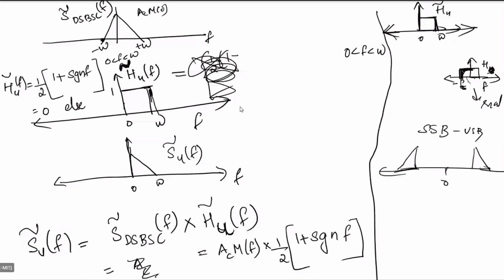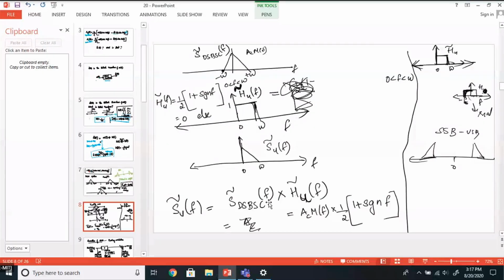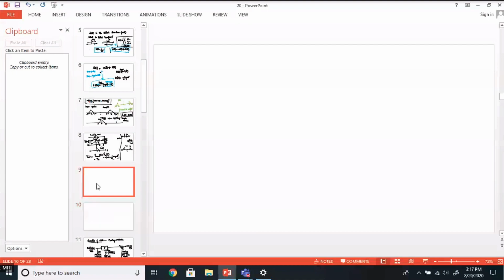Ma'am, is HU tilde not band limited, or is it the step function? HU tilde f is band limited, see, 0 to W only. Ma'am, but half of 1 plus signum f is U of f, right? Which is a step function in the frequency domain. Yeah, but what is that expression of HU of f? See here, 0 less than f less than W. Oh, okay, I didn't read that.